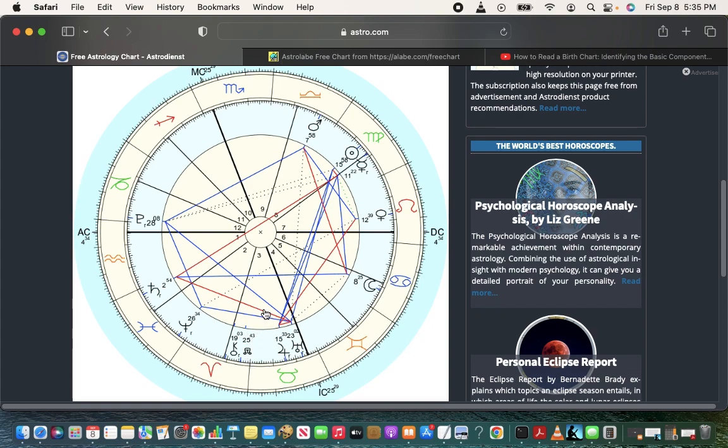And you're going to want to memorize all the signs, all their meanings, and you're going to want to memorize these symbols of these planets.